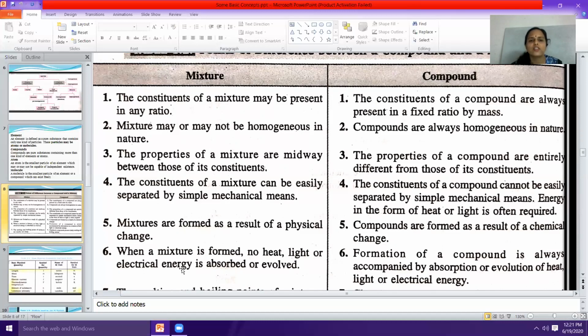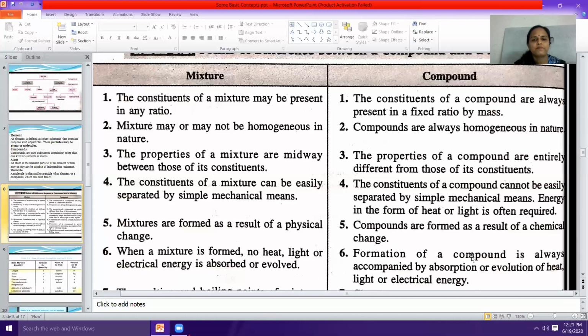Fourth difference: the constituents of a mixture can be easily separated by simple mechanical means, and the constituents of a compound cannot be easily separated by simple mechanical means. Energy in the form of heat or light is to be supplied.